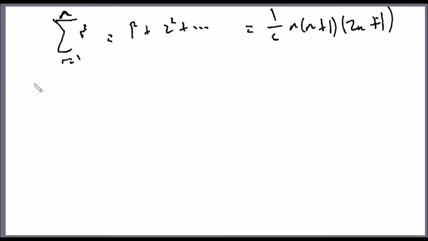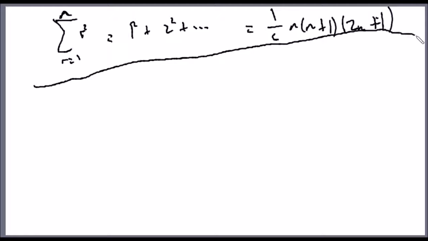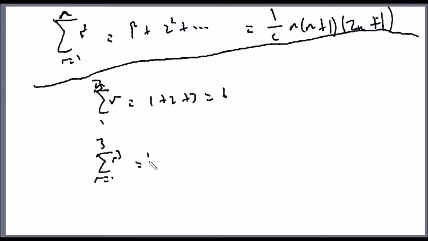And well, there is r cubed as well. Now I'd just like to show you r for 3, which equals 6. 1 plus 2 plus 3 equals 6. And then for r cubed, for the same thing, 1 cubed plus 2 cubed plus 3 cubed, that equals 36, which equals 6 squared. And if you do this for 4 and 5 and 6 and so on, you find the same thing.